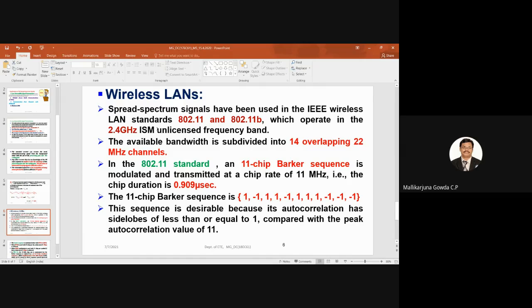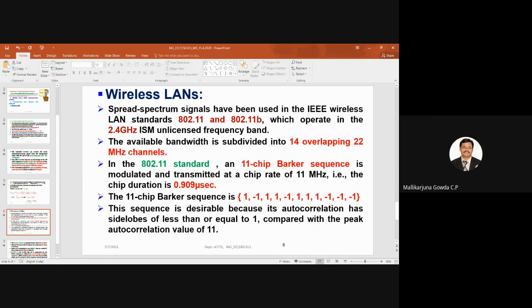So there are two unlicensed frequency bands less than 6 gigahertz. One is this 2.4 gigahertz. So ISM stands for industrial, scientific, and medical. For that application it is used, which is an unlicensed frequency band. So these two wireless standards are used in this frequency band.